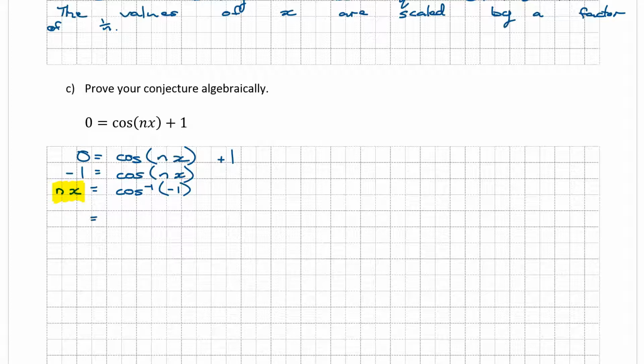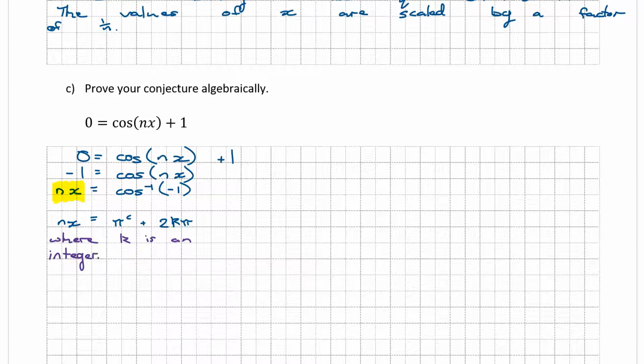So what we find is the values of n times x is going to be pi radians, and then we're going to throw in the plus 2k pi. And then we need to be explicit about what this k is, and we'll say where k is an integer.